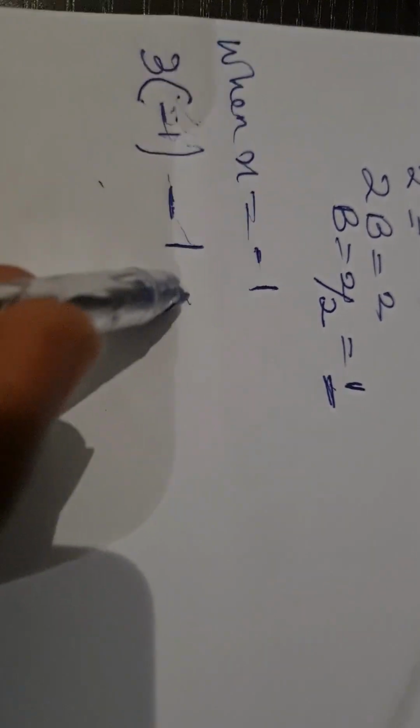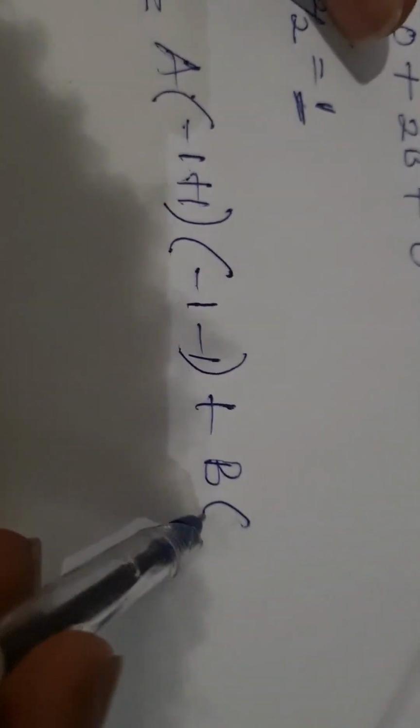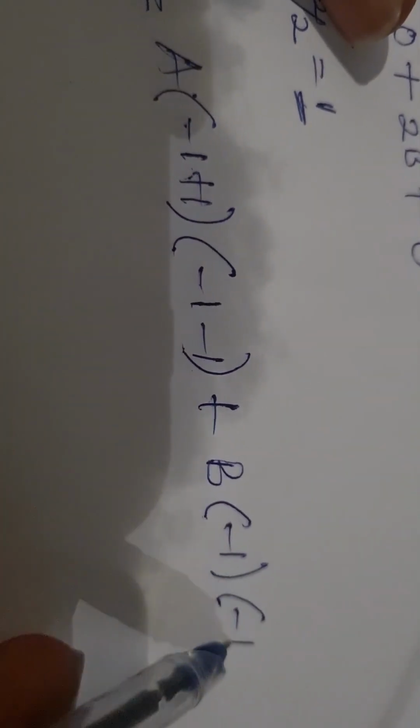Minus 1, which is equal to a open bracket minus 1 plus 1 open bracket minus 1 minus 1. Are you with me? Plus b open bracket minus 1 plus 1, right? Plus c open bracket minus 1 multiplied by minus 1 minus 1.